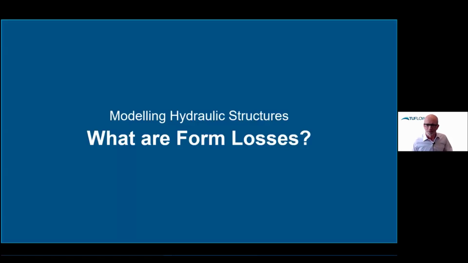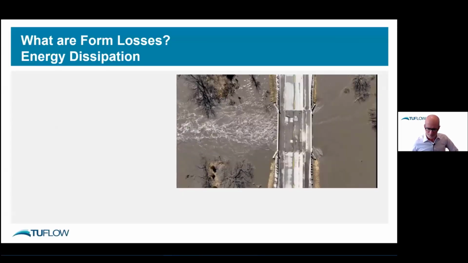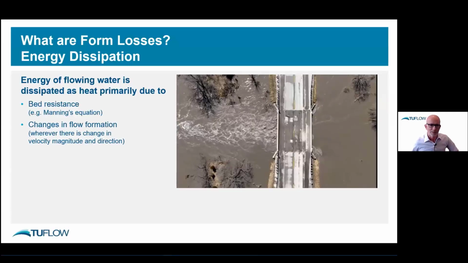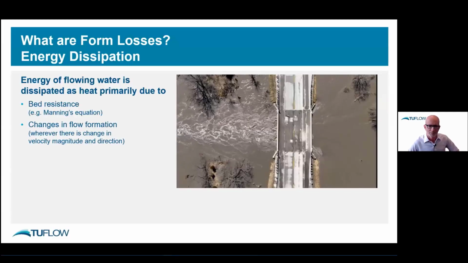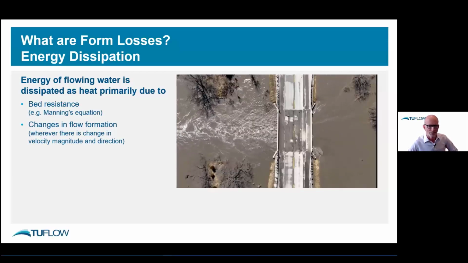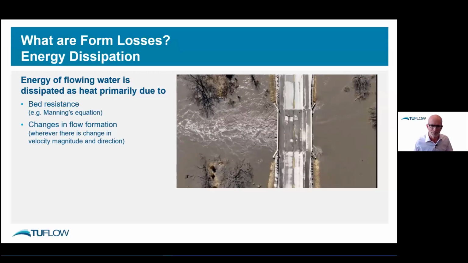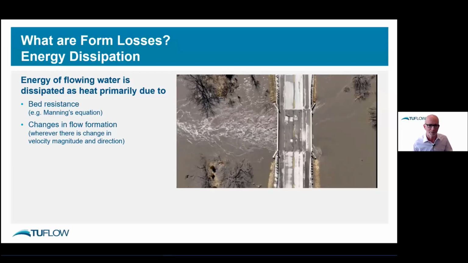So what are form losses? It's pretty important to understand. It's a term we use a lot in our TUFLOW documents. What is actually a form loss? When you have water moving along, such as in the video there, basically the energy of that flowing water is dissipated principally as heat, coming from friction against the bed surface. We'll all be very familiar with Manning's equation. It's one of the most common equations used to represent that bed resistance.